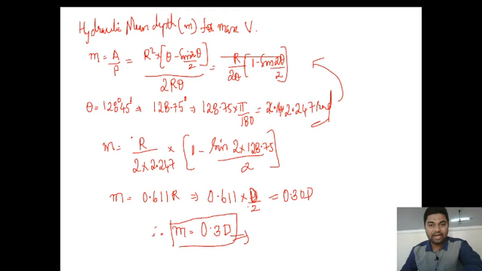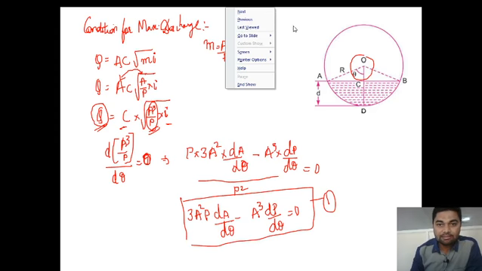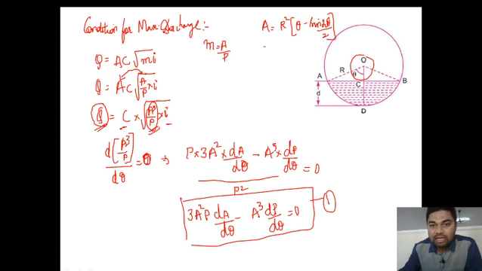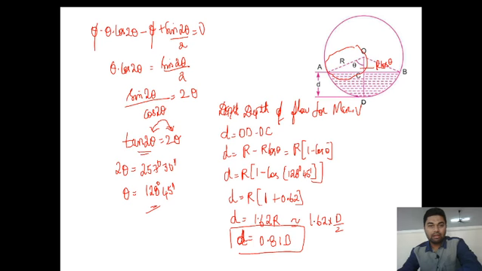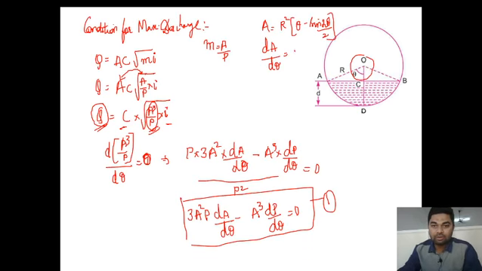First of all, let us write the values. The area of the circular channel is A equal to r square into theta minus sin 2 theta by 2, whereas dA by d theta, which we have calculated, is r square into 1 minus cos 2 theta.